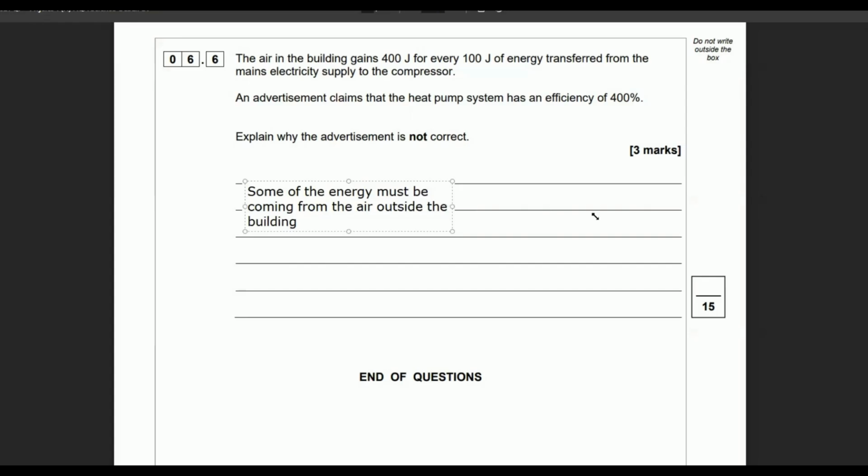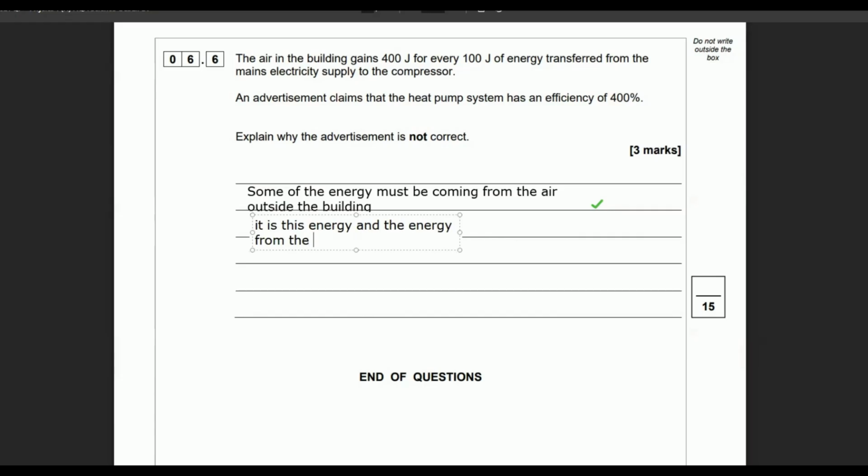So there we go. It does tell us it's being transferred to the coolant. So the energy must be coming from outside the building. It is this energy and the energy from the electricity that makes up the 400 joules.